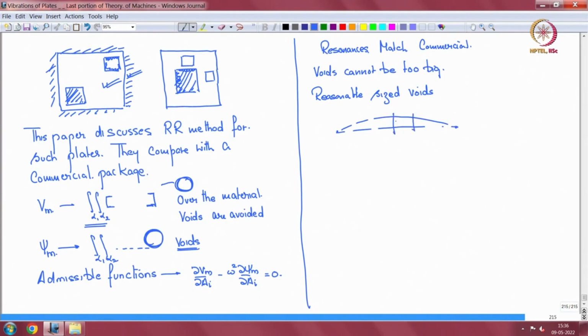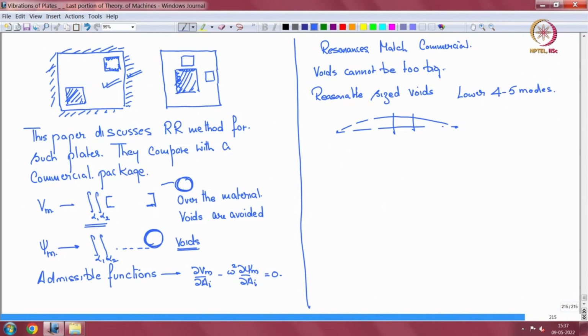I mean, it is difficult. So there are papers, but they obtain the lower modes, lower 4 or 5 modes, but not more than that. Beyond that, the numerical method becomes unstable. So that is an open problem.